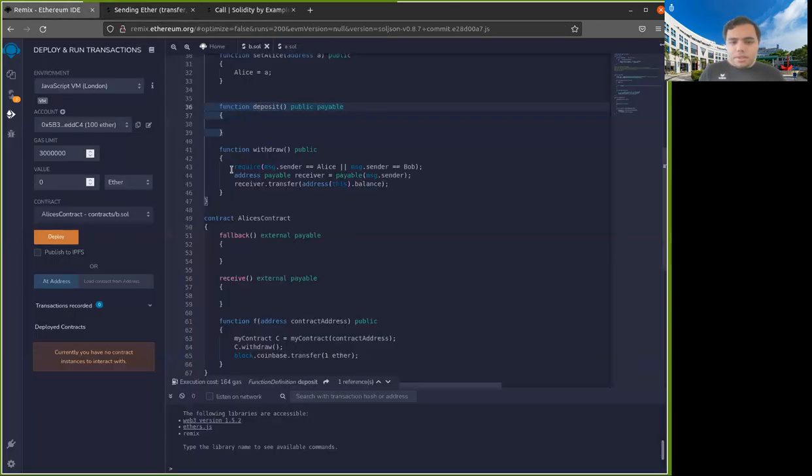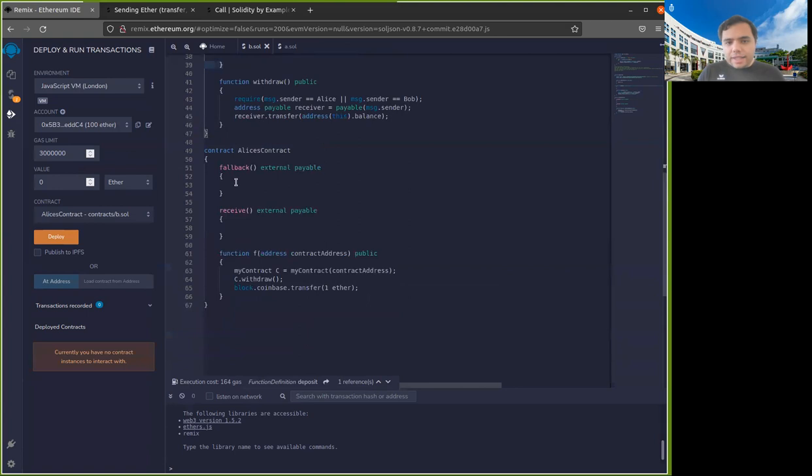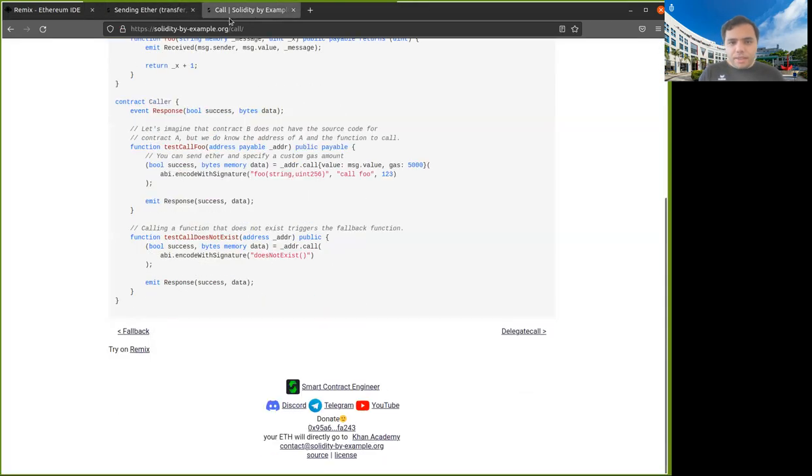But now, as you saw here, if I just have a contract like this that has a call to another contract, when I compile this contract, my compiler does not have access to the other contract that I'm calling, right? Because maybe the other contract is just on the blockchain.